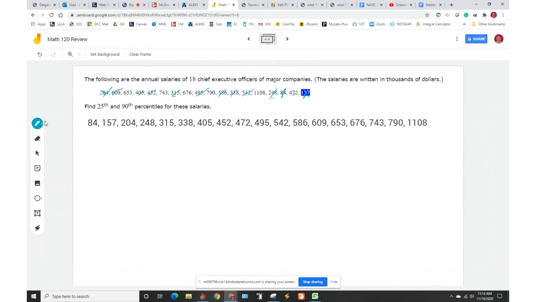That's important. You can't leave any of them out, because for this small of a data set, it's going to make a lot of difference.